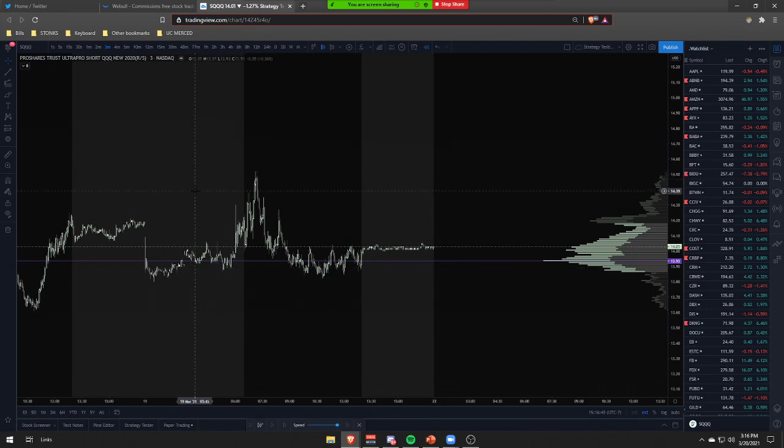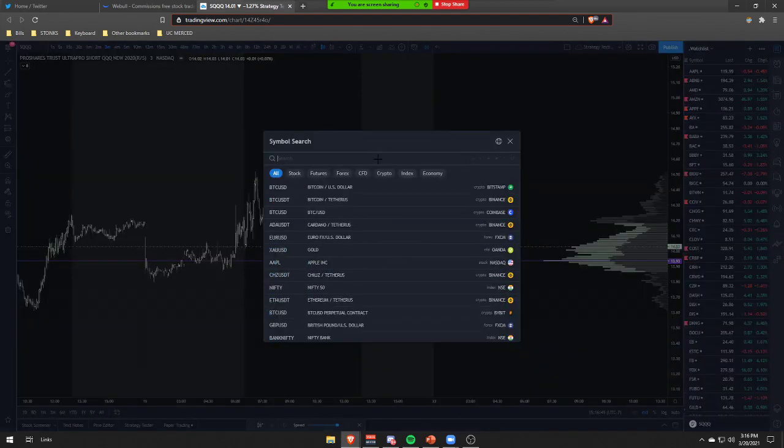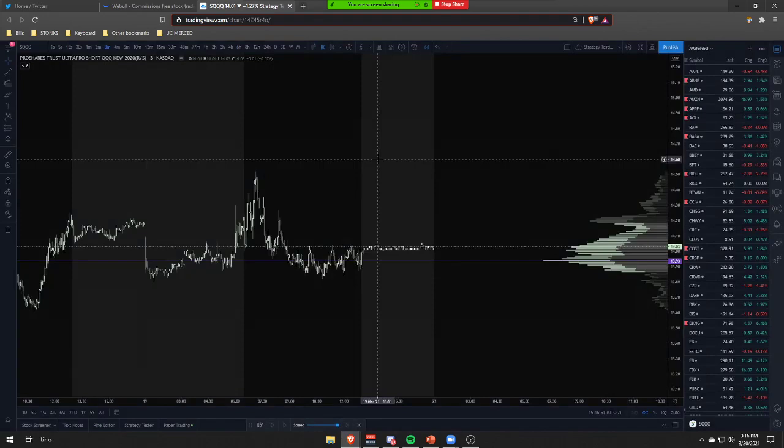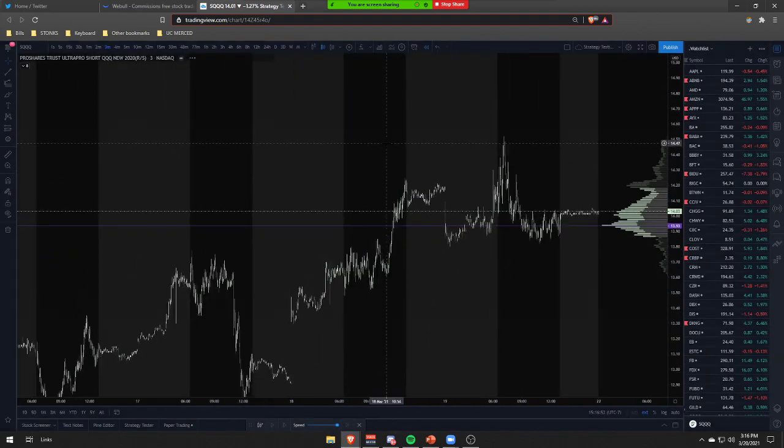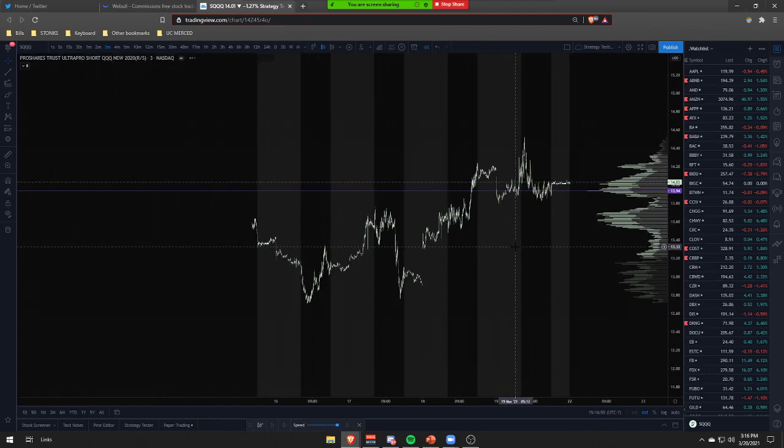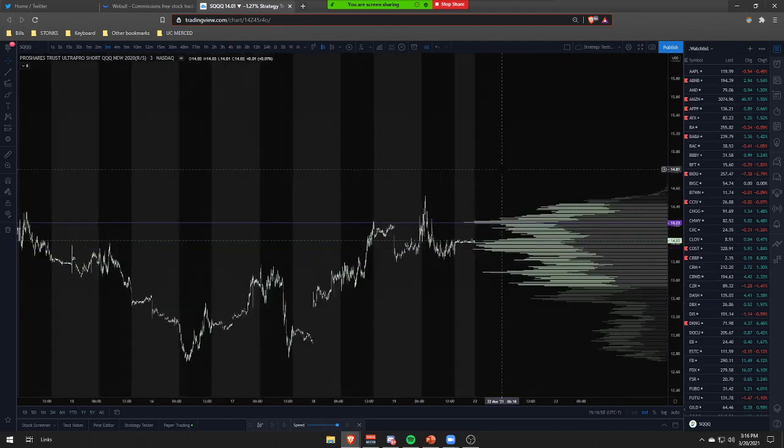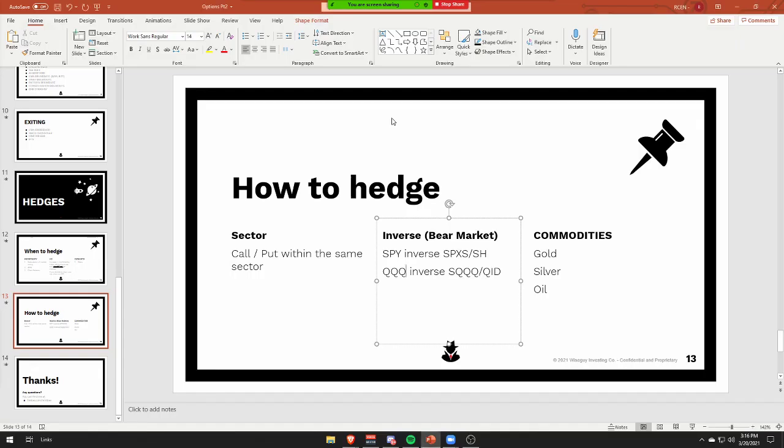Playing the inverse is basically the same thing as playing puts. A lot of these SPXS and SQQQ are going to be cheaper. They don't move as much. They're not extremely volatile, I would say, but they're inverse ways to hedge.